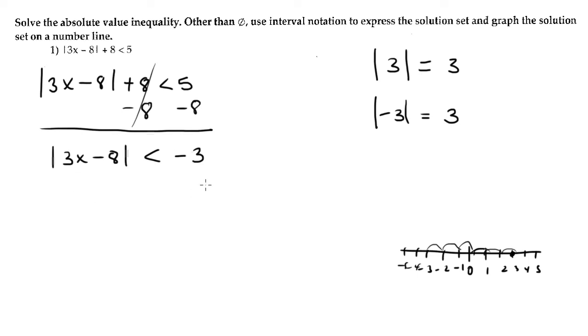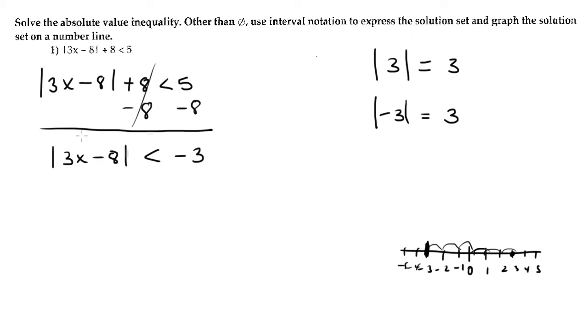So thinking about the problem we're left with: the absolute value of 3x minus 8 is less than negative 3. Less than negative 3 is to the left on the number line: negative 4, negative 5, negative 6, negative 7, more negative. Every number that's less than negative 3 is a negative number.